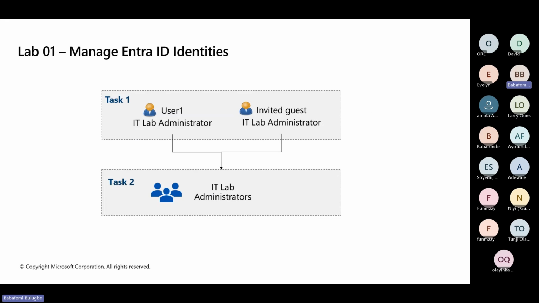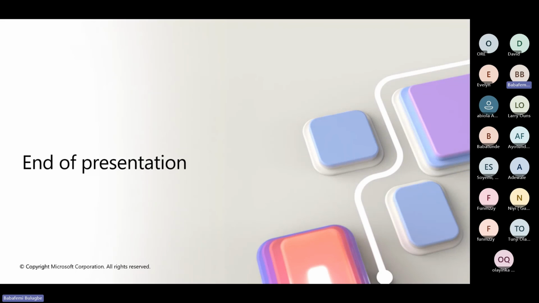The task is to create user one, which is going to be IT lab administrator, the job title. Then you need to invite a user which will have the same job title. Then task two, the IT lab presentation.